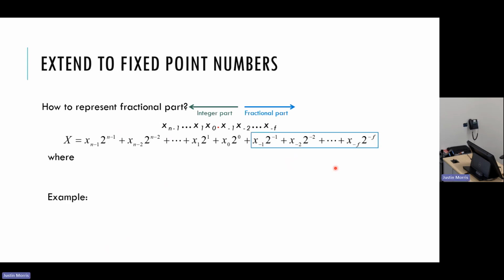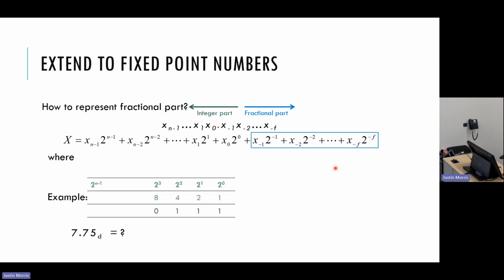So that's our fractional part. So our example is 7.75. The decimal part is very easy, right? We just went over this. We need 7, so 0, 1, 1, 1. And then the fractional part is a little bit more tricky, but again, it's the same format.